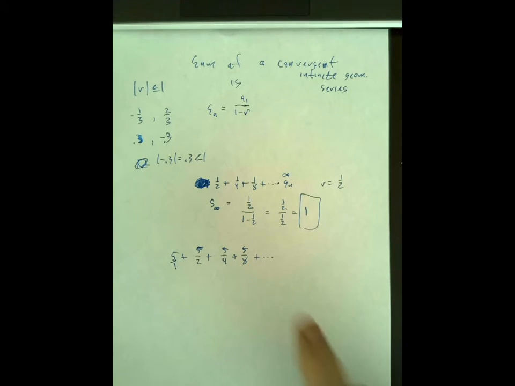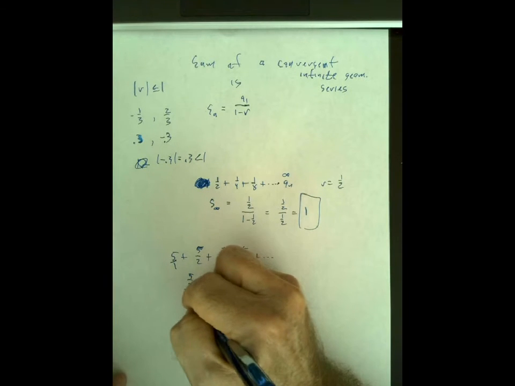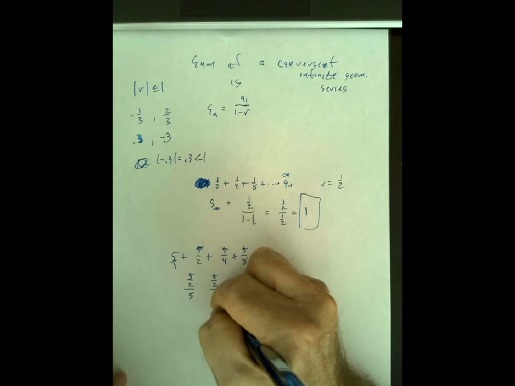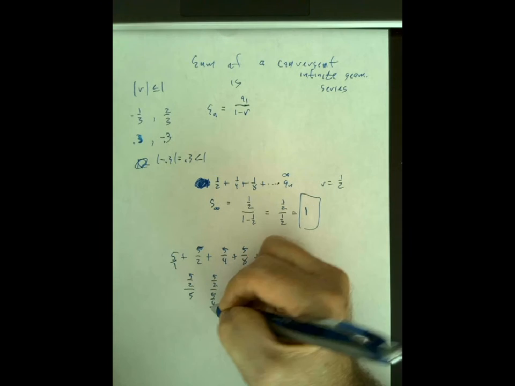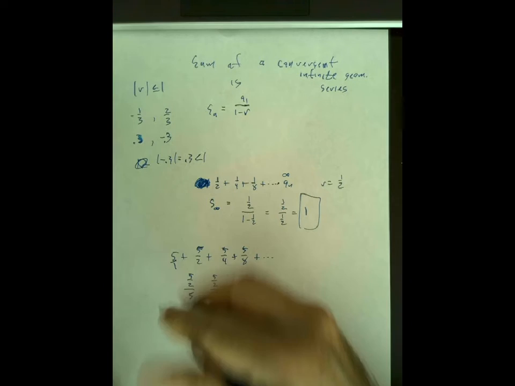So anyway, let's use our calculator to figure out what r is and to confirm that this is actually a geometric series. I'm going to divide 5 over 2 by 5. According to the calculator, 5 over 2 divided by 5, that's 1/2.